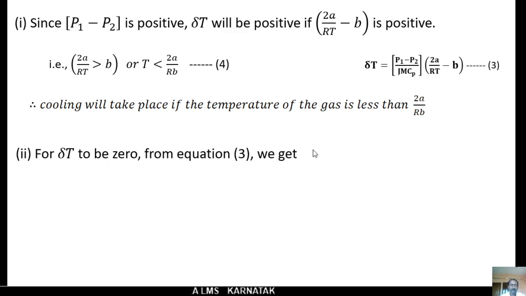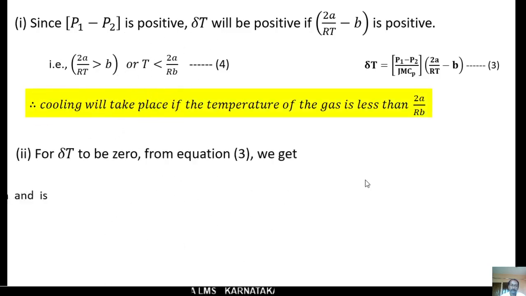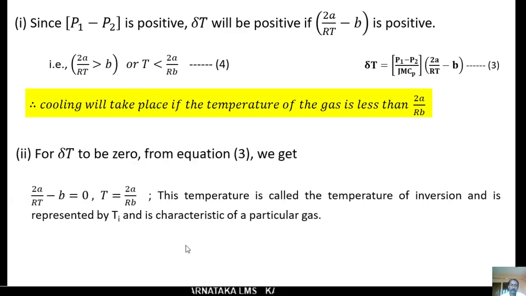In the same way, if delta T is 0 in equation 3, then 2a by RT minus B equals 0, or T equals 2a by RB.